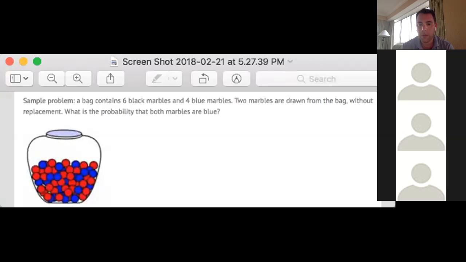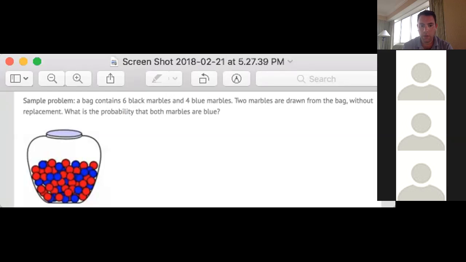Yeah, exactly. It could be either blue or black. So what is the probability of getting a blue marble, and what is the probability of getting a black marble? Let's write those out. Four tenths and 6 tenths. Correct. That's right.